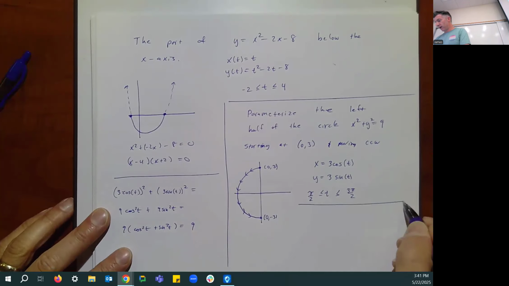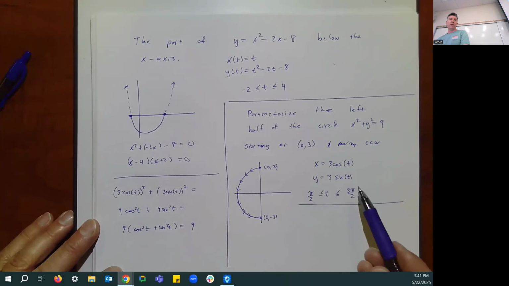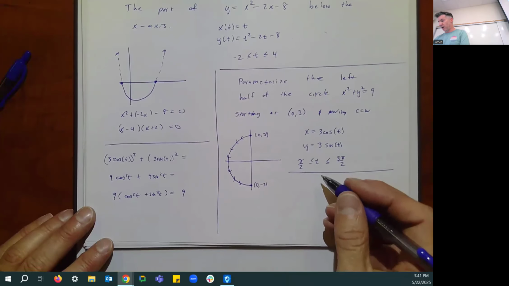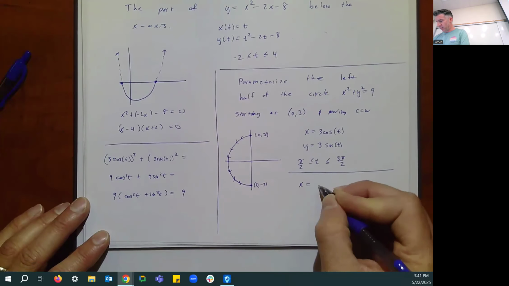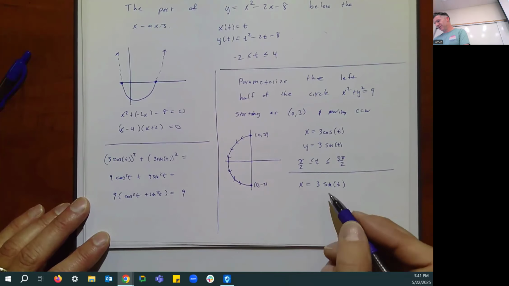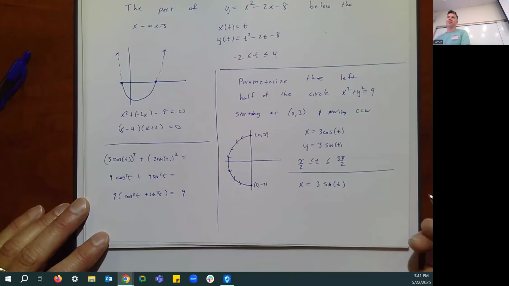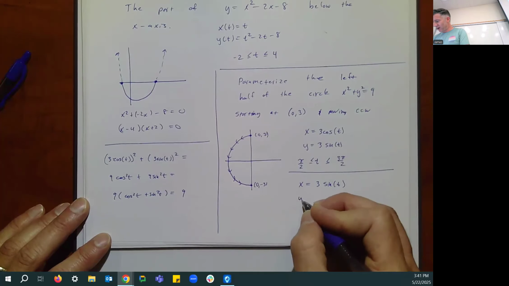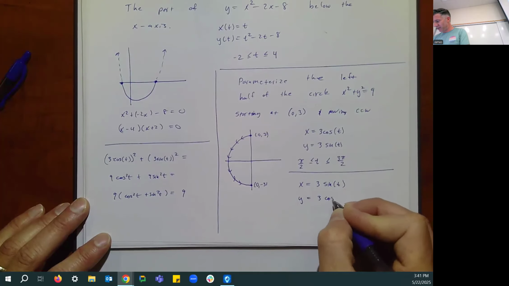Back to this though, I'll just point out, this is not the only way of parameterizing this. I could have alternatively said, I'm going to let x equal 3 times sine of t, and y equal 3 cosine of t.